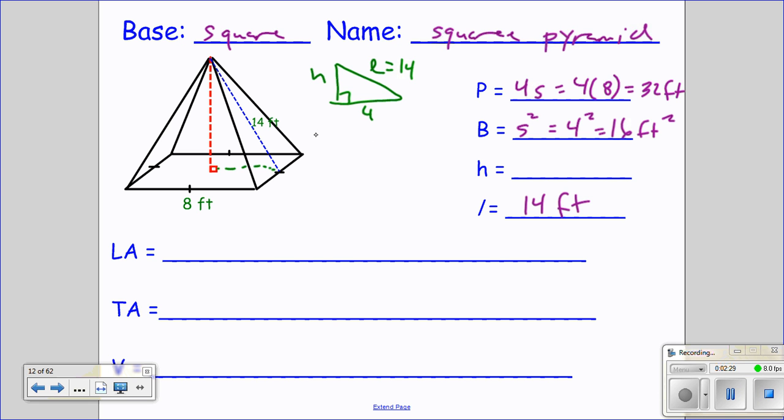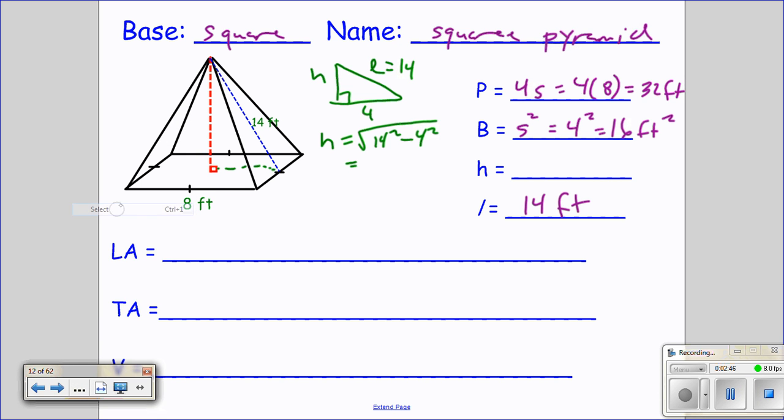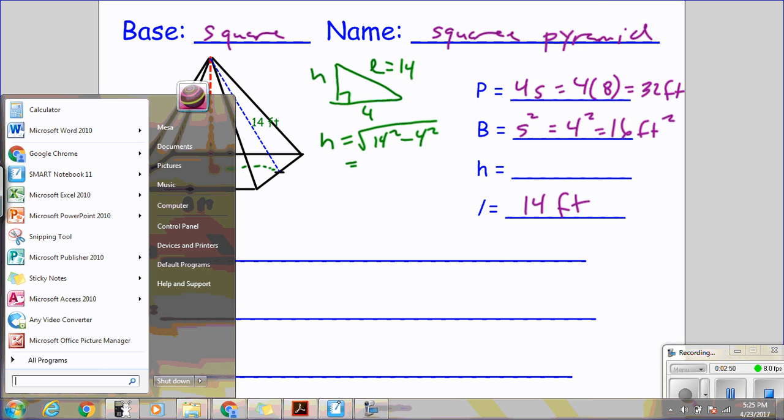So to find my 3D height, it'll be the square root of 14 squared minus 4 squared. So we grab our calculator. Again, this is the shortcut version of Pythagorean's theorem. You're welcome to use the longer version as well.